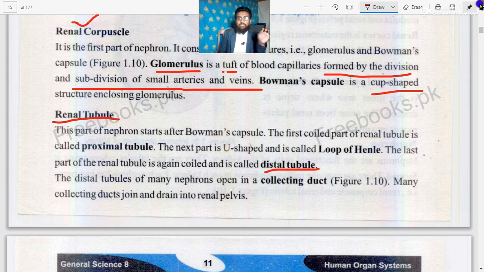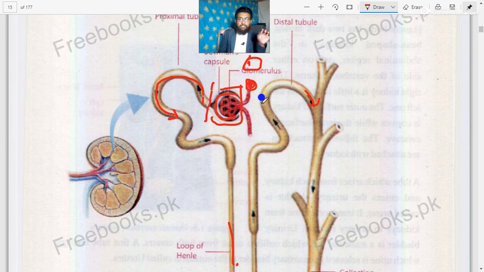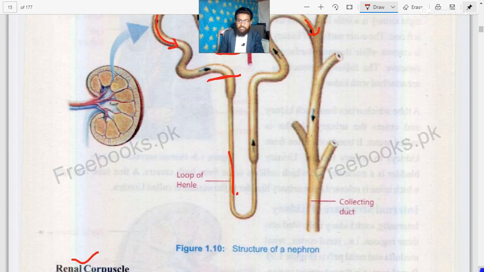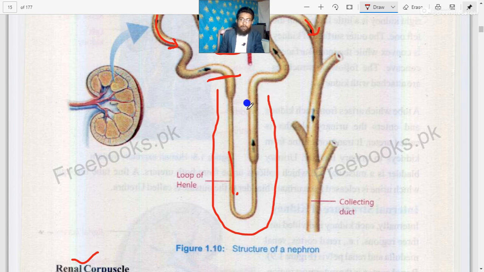Dear cadets, here we can see in the figure that this is the first coiled part of our nephron. This is known as proximal tubule, the first coiled part. Now the proximal tubule ends here. Next, the U-shaped structure, the U-shaped part of our nephron, is known as loop of Henle.